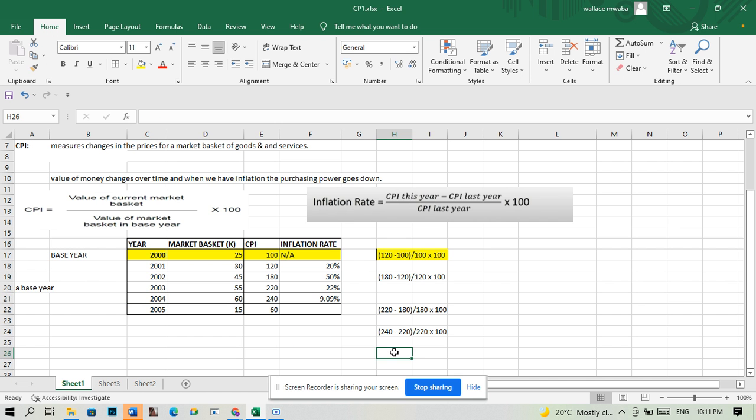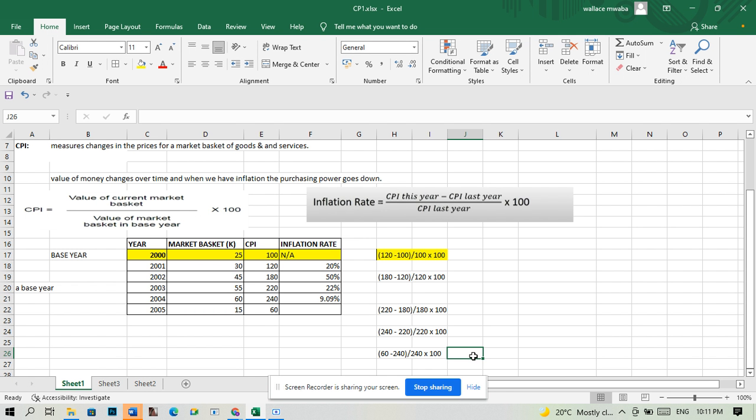Now we're going to the year 2005, comparing it with the year 2004. I'm going to say 60 minus 240, divided by 240, times 100. 60 minus 240, that's negative 180.